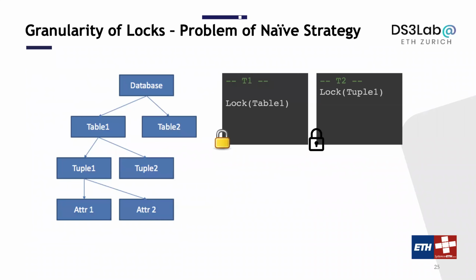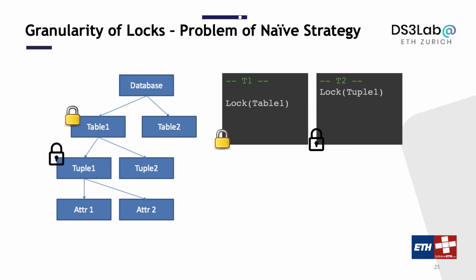Now let's look at one example. Assume I have two transactions, T1 and T2. Just for illustration, T1 is going to have a yellow lock, and T2 is going to have the black lock. T2 wants to lock tuple 1. The database says, okay, great, I'll give you the lock for T2. Then T1 says, I want to lock table 1. Under that naive strategy, you are going to give T1 that lock.